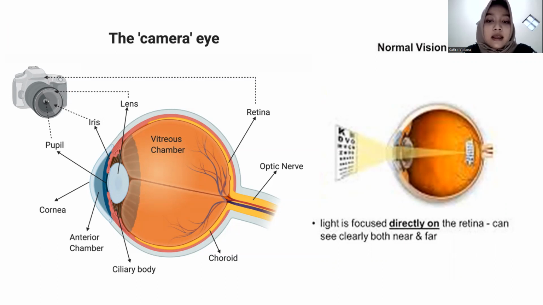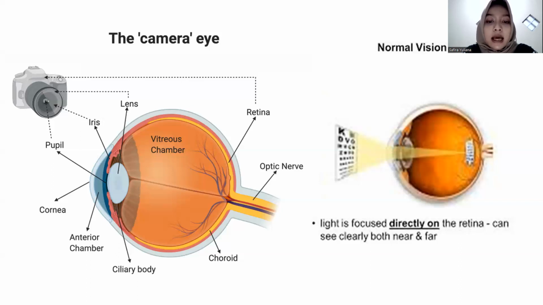The front of the eye is made of the cornea, iris, pupil, and lens, which focus the image onto the retina. The cornea is the clear front window of the eye, and the iris works like a shutter in a camera. It has the ability to enlarge and shrink depending on how much light is entering the eye.